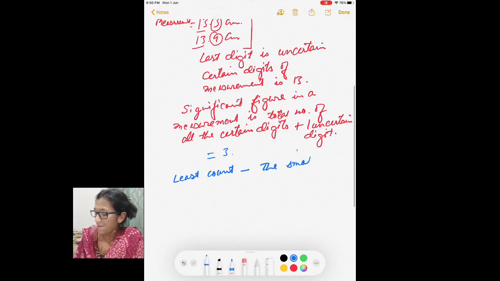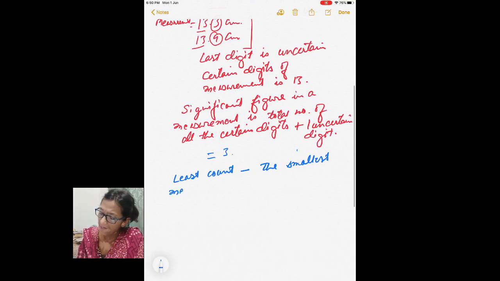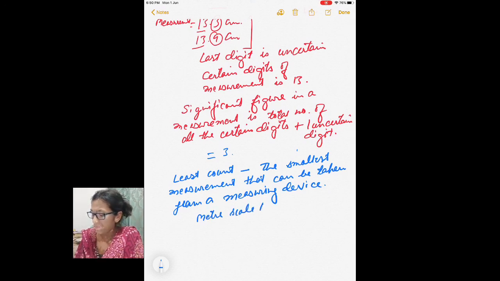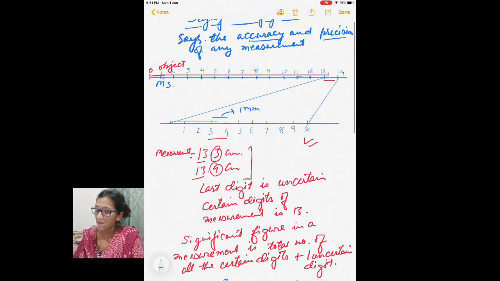The smallest measurement that can be taken from a measuring device. Okay, so least count of meter scale is equal to 1 millimeter.